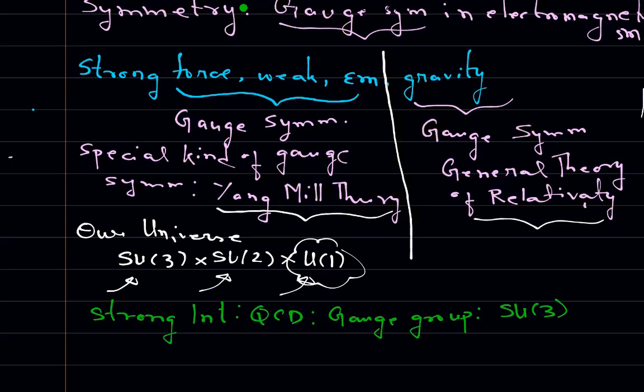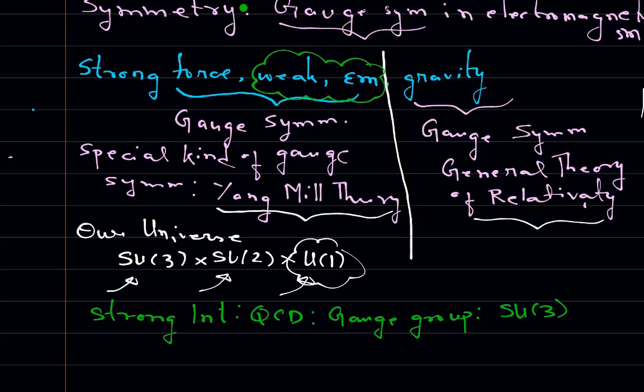We all know that the weak interaction and electromagnetic force were unified. Nowadays in physics we are talking about unification: the strong, weak, electromagnetic, and gravity should all be unified into one equation that describes our world.